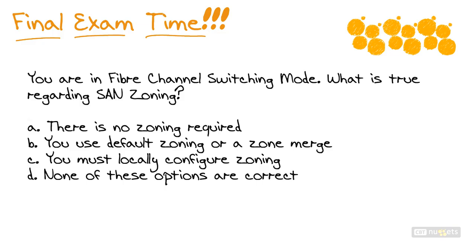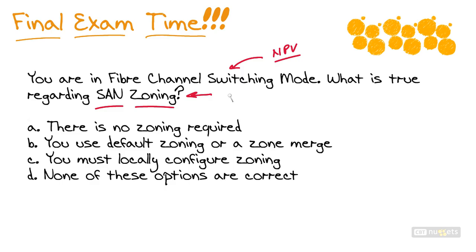You're in a fiber channel switching mode. What is true regarding SAN zoning? So look at this, we're in the non-default mode. Instead of the default NPV mode with the Fabric Interconnect, we're in this fiber channel switching mode. What about SAN zoning? Well, remember what SAN zoning is. It's logical configurations or groupings of our storage area network equipment over a physical infrastructure.